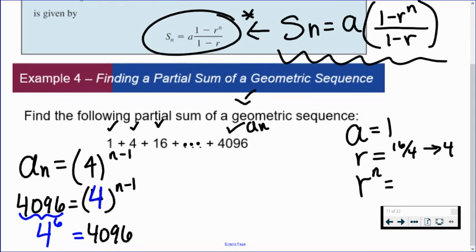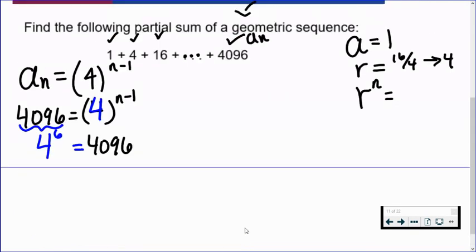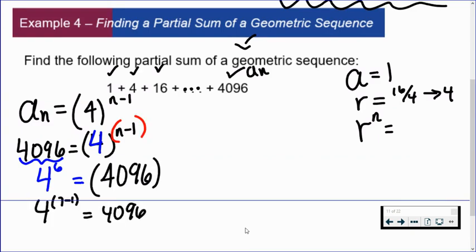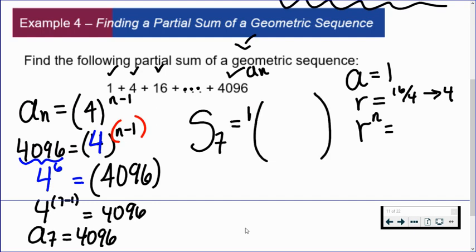But the formula tells me that you got to use n minus 1. So the a to the 7th number is this. Now that I have that, I'm going to use the sum formula by plugging the nth to be 7. The a number is 1, and I plug that in.